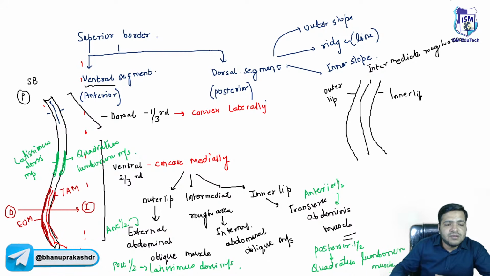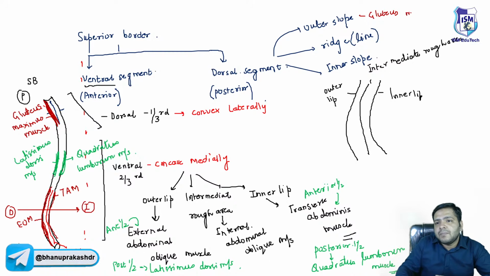Yes, the outer slope, beta, basically a muscle is originating on the outer slope, and that is called as gluteus maximus muscle. So remember, on the outer slope, we have the gluteus maximus muscle. Okay.